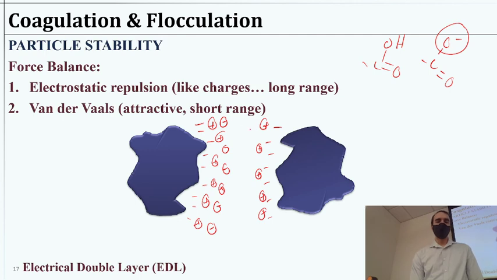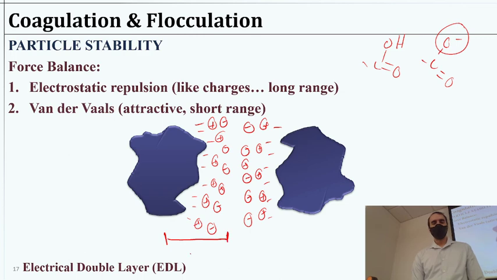We have a charged surface that attracts a layer of ions, which attracts a second layer of ions, and we get what we call the electrical double layer, or EDL. And essentially that double layer gives some cushion between particles that exerts some force on each other, and it extends some distance away from the particle.